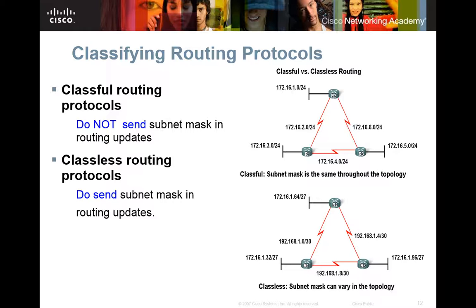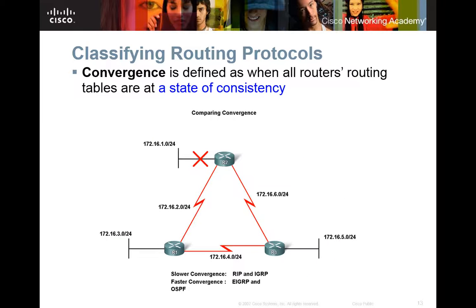Classless do send it, so that's going to be the difference. Convergence is defined as when all routers using routing tables are at a state of consistency. That means all these right here show the exact same thing they need to know.